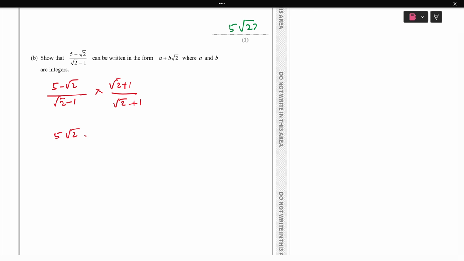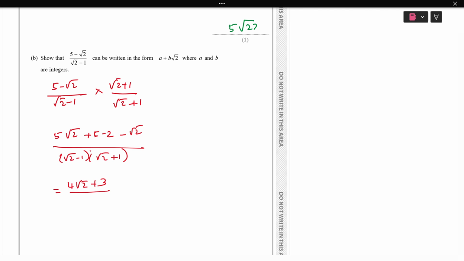then plus 5, minus 2, minus root 2. Over here the denominator is a plus b times a minus b, so we multiply root 2 minus 1 times root 2 plus 1. The numerator is going to be 5 root 2 minus root 2, which is 4 root 2, and 5 minus 2 is plus 3.